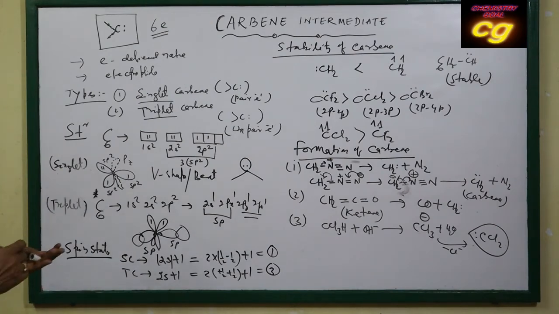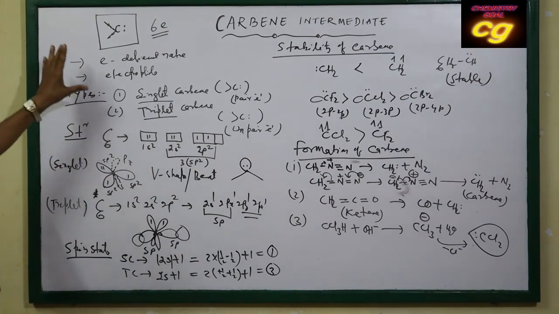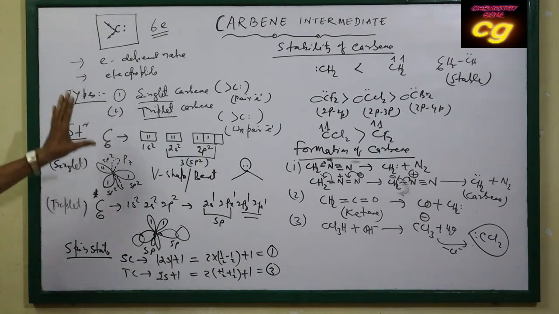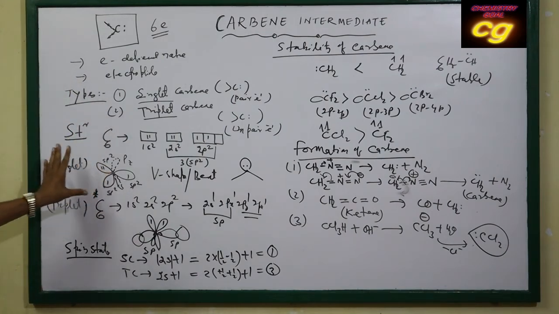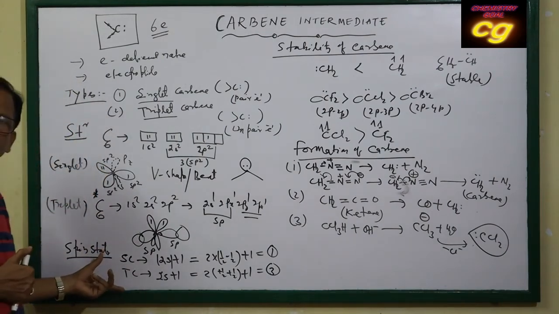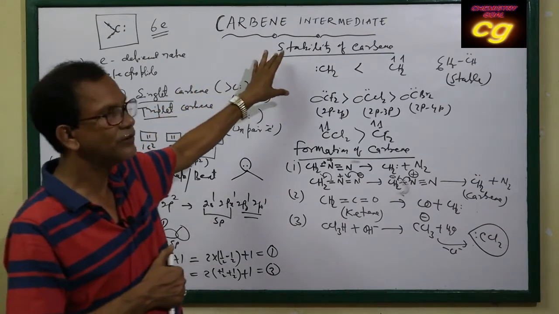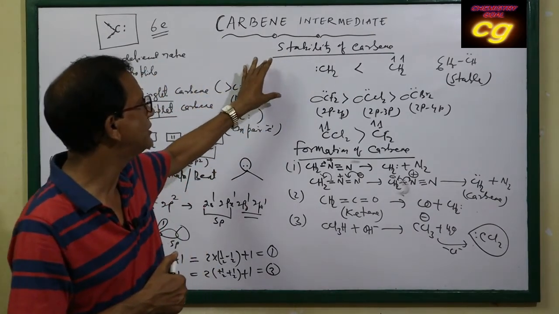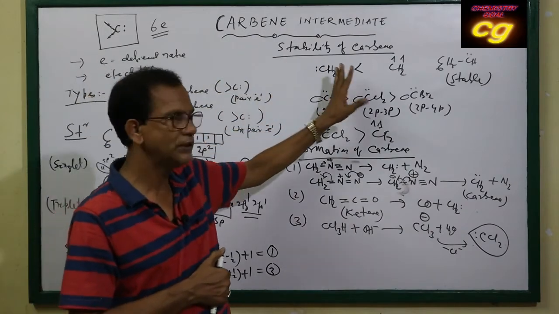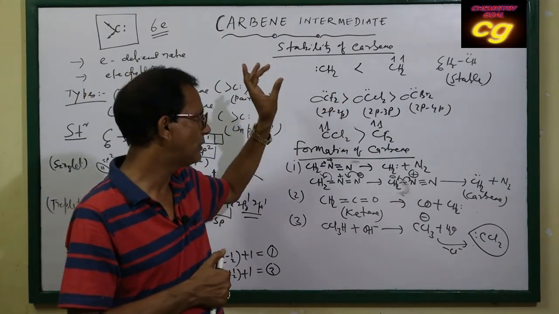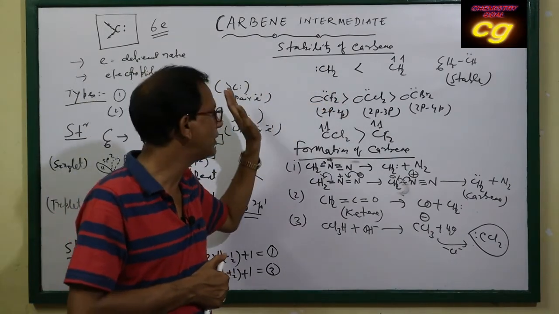Now we have already discussed the types of carbene, structure of a carbene, singlet carbene and triplet carbene, and the spin state of carbene. Then stability of carbene: I have already told you, stability depends upon the group or the atom attached to the carbon atom.